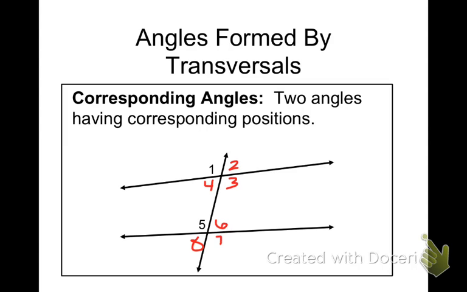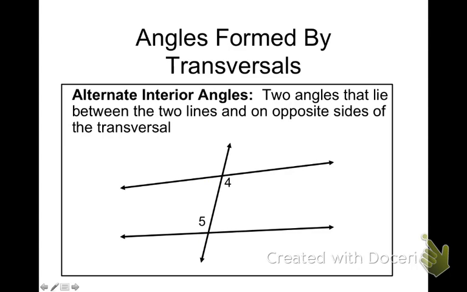The next one we have is alternate interior angles. And these are a lot of words, so write small. Alternate interior angles, I would abbreviate to.